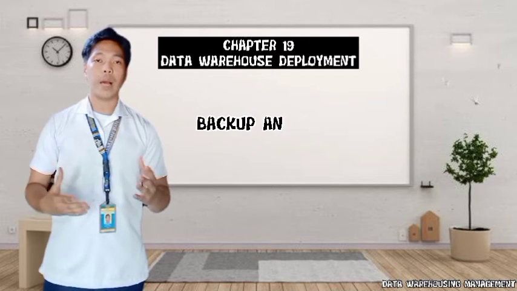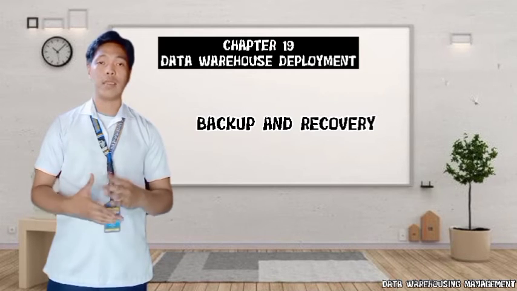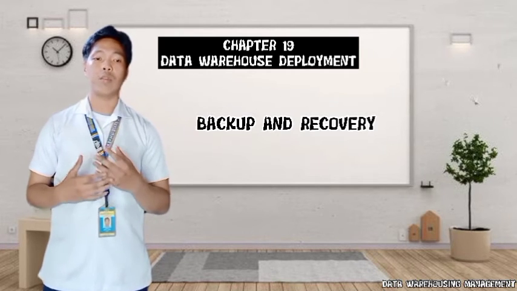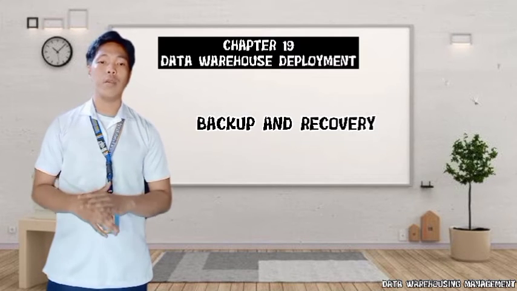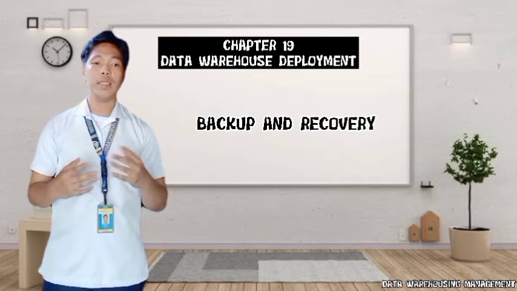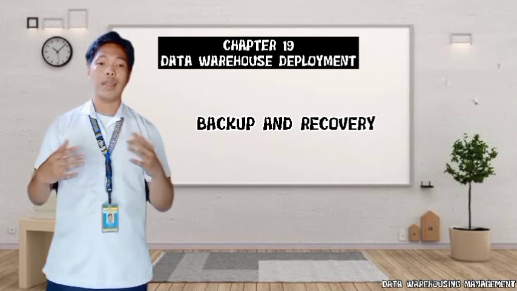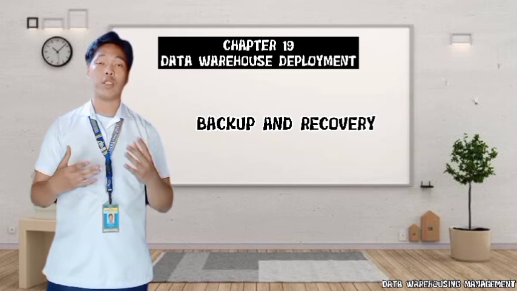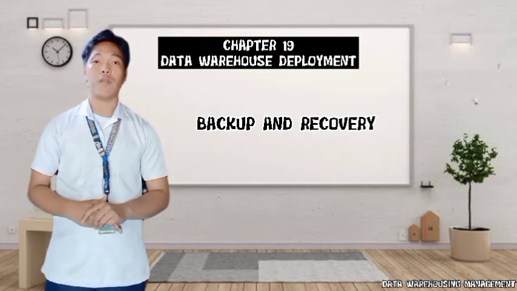So next is backup and recovery. In an OLTP mission critical system, loss of data and downtime cannot be tolerated. Loss of data can produce serious consequences. In a system such as airline reservations or online order taking, downtime even for a short duration can cause losses in the millions of dollars.